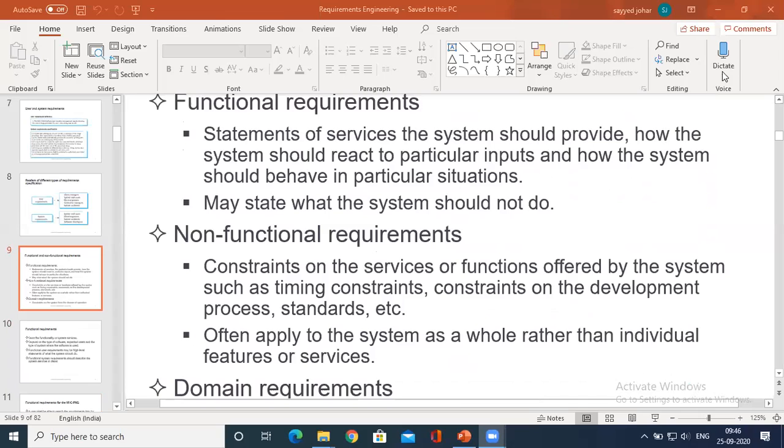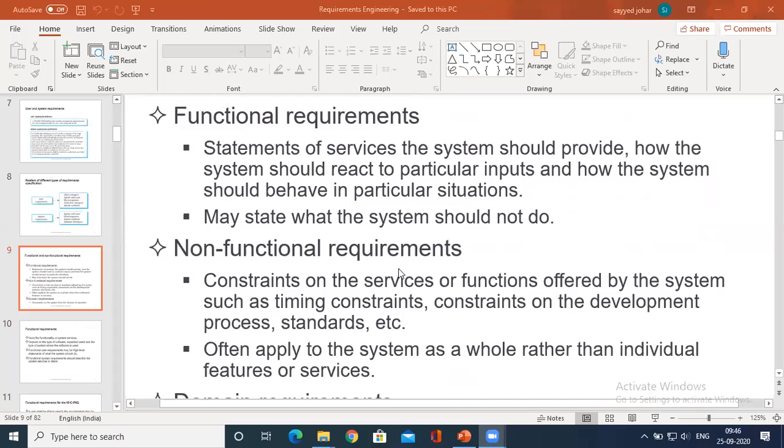Just try to understand what could be the functional and non-functional requirement. Functional, as the name itself suggests, expects how exactly the system should work. What should be the input and what should be the output.